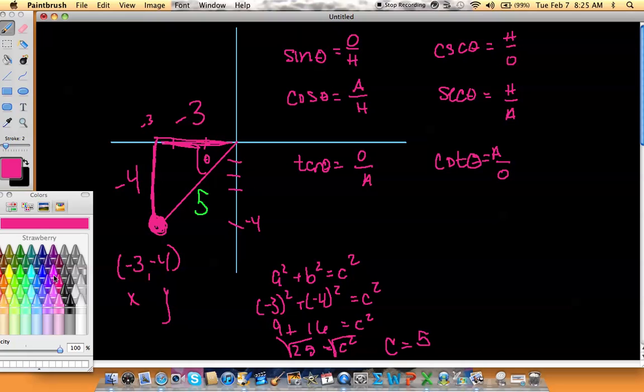So the opposite side to the hypotenuse, let me pick a different color here. The opposite side of my triangle is over here, this is the adjacent, and this is the hypotenuse. The sine, opposite over hypotenuse, is -4 over +5.